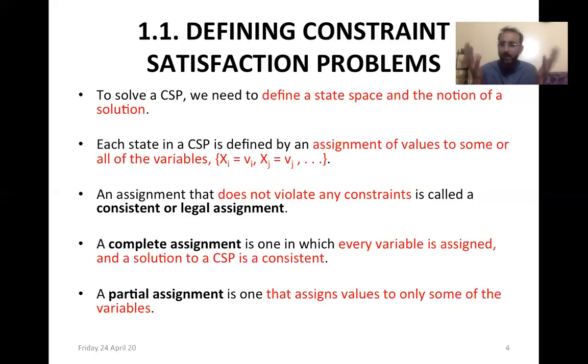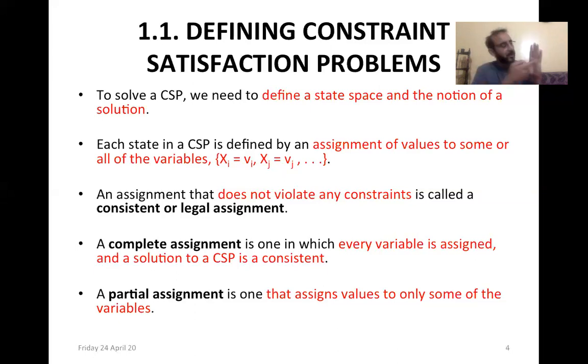If all the previous 4 were consistent and you perform the last one and it is also consistent, then you can say that this is the complete assignment. And finally, there is the partial assignment.